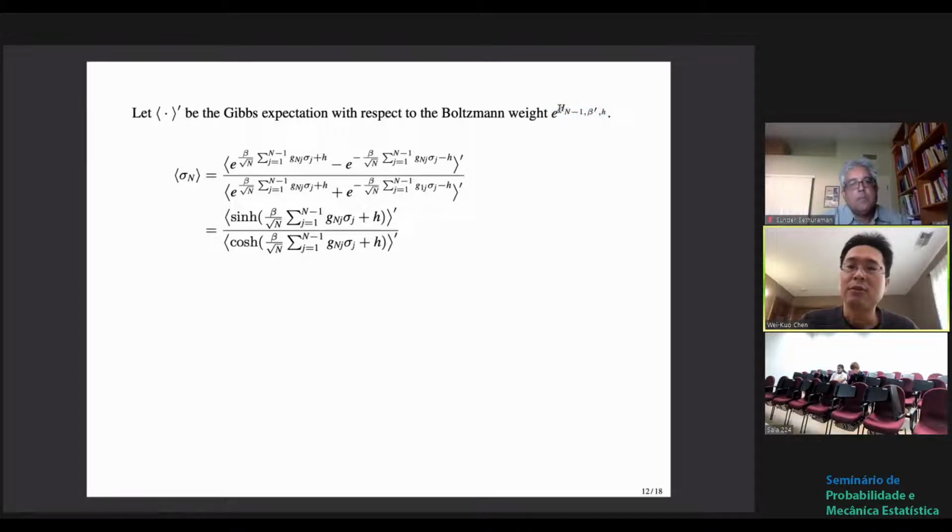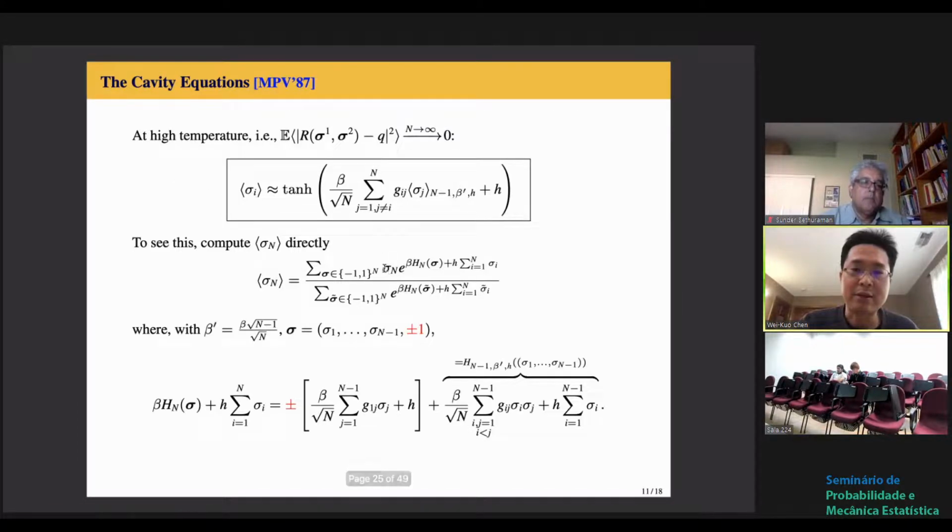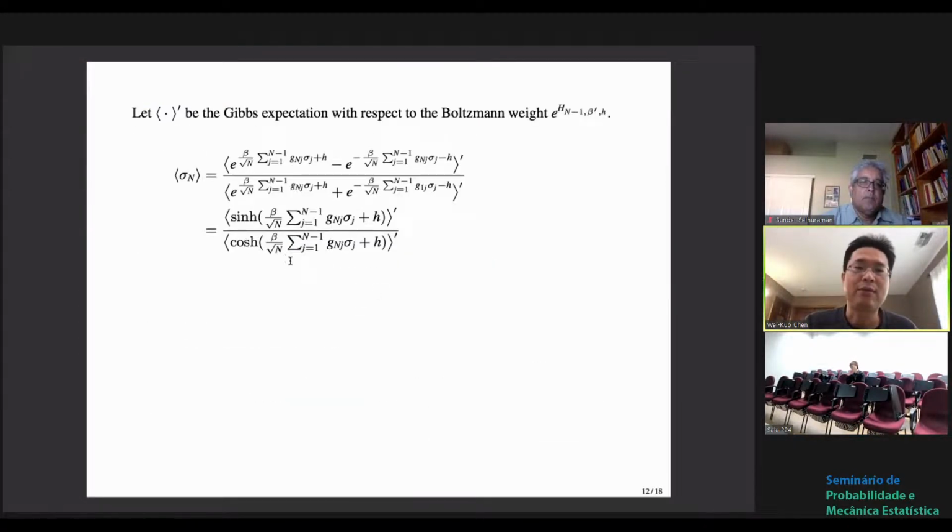So this is a new Hamiltonian, but it has smaller size and slightly changed temperature. You can rewrite the numerator as the hyperbolic sine, and the denominator as the hyperbolic cosine, so you will get this equation.